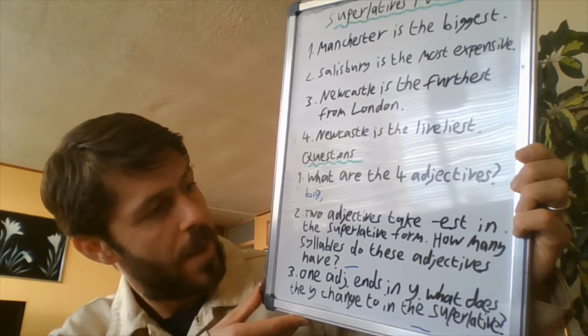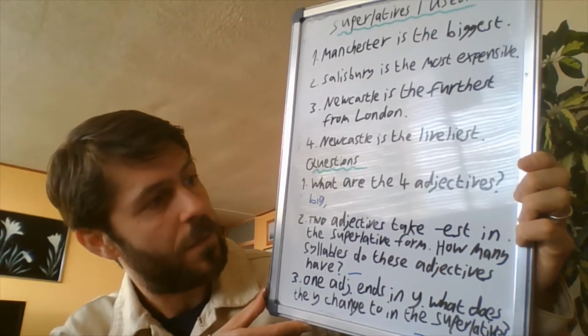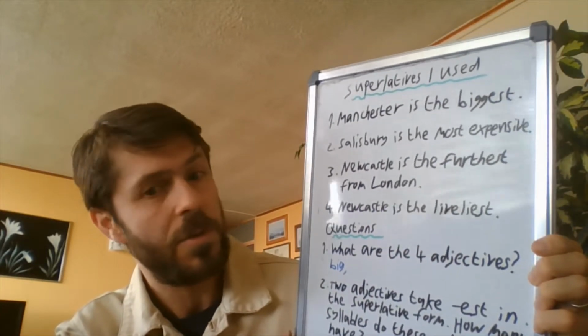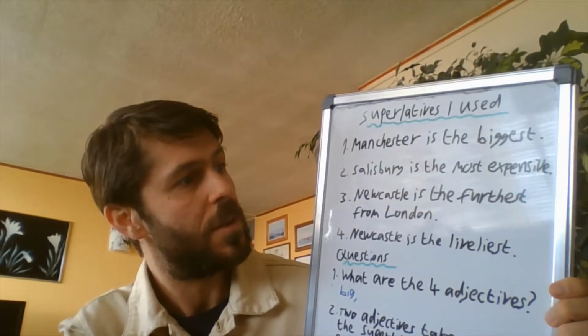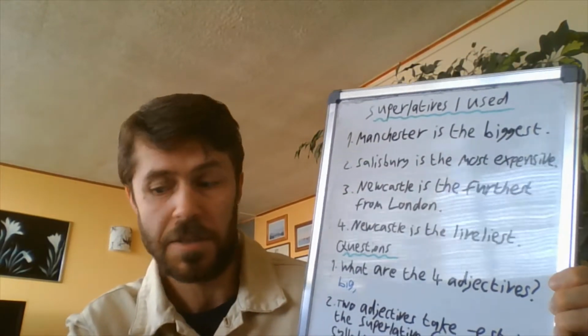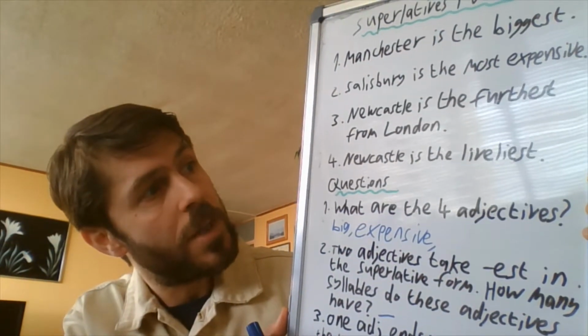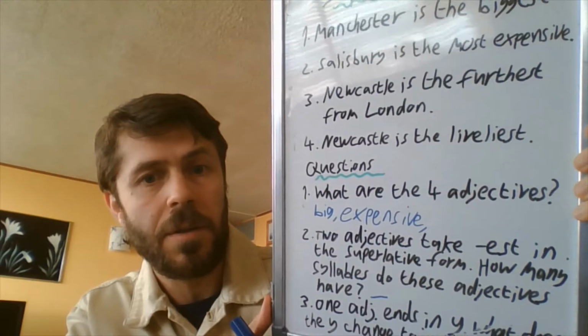Okay, so the first one, what are the four adjectives? Number one we said was big. Number two, Salisbury is the most expensive. So the adjective there is expensive. Three, Newcastle is the furthest from London.